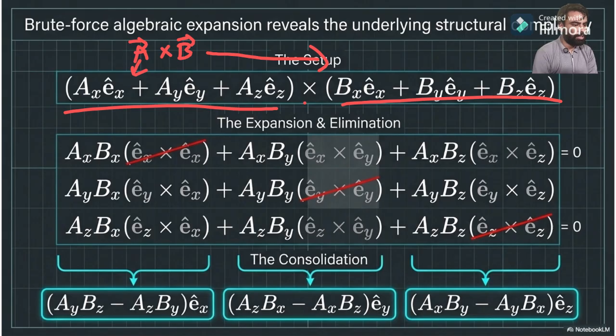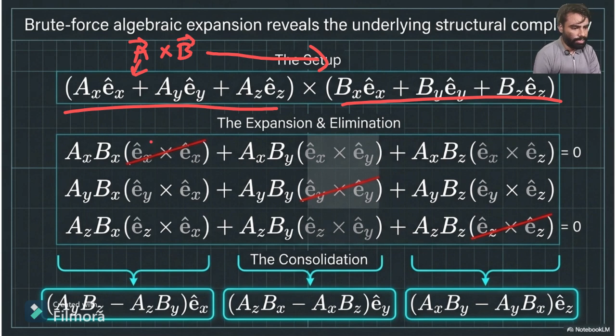Now we can multiply it this way. Suppose we are doing a cross product, so the first term will be Ax Bx ex cross ex. Then Ax By ex cross ey, Ax Bz, and in the same way we can do the entire thing: Ay Bx, Ay By, Az Bz, and the important thing is the unit vector along with each.